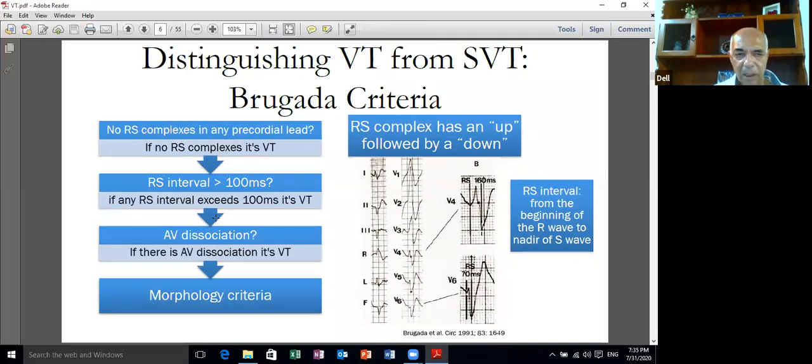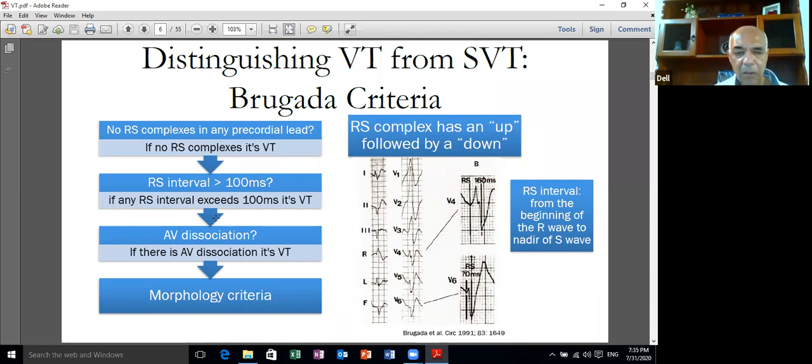If there is a transitional zone, then you move to the next step and you measure the interval from the beginning of the QRS to the nadir of the S wave. If it's more than 100 milliseconds, that's ventricular tachycardia. If not, you move to the third step, which is AV dissociation that I just explained before.